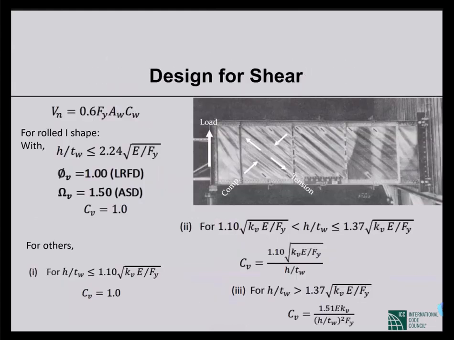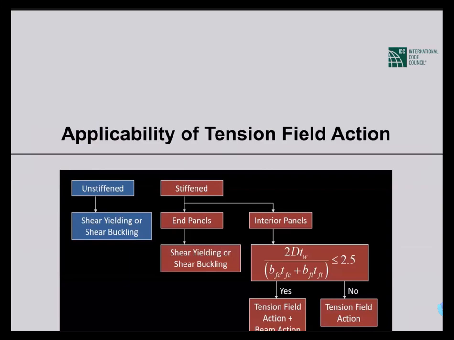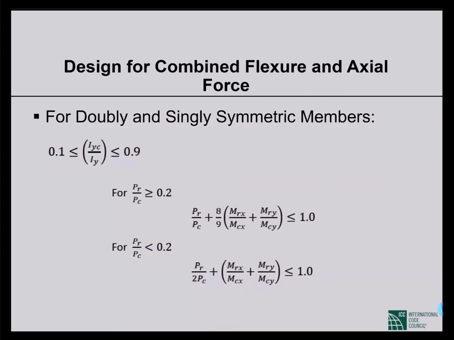And now, when there will be a combination of flexure, axial force, torsion, things like that. So, for example, for combined flexure and axial force, this is something basic in RCC. Also, you have this type of expressions. So you have to actually check when there is combined flexure and axial force.